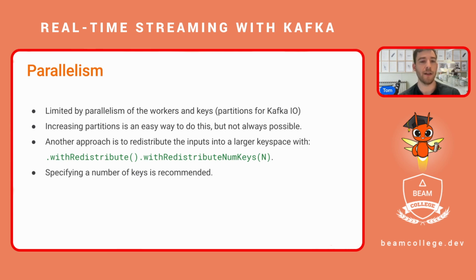In the case of Kafka I/O, this is often directly related to the number of Kafka partitions. Increasing the number of partitions is one approach to increase parallelism, but it's not always feasible. An alternative approach is to use the redistribute transform to rekey inputs into a larger key space. It's highly recommended to specify a limited number of keys for achieving the desired level of parallelism.